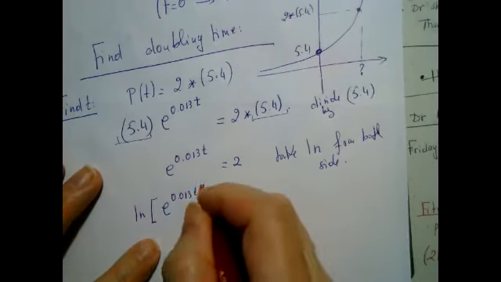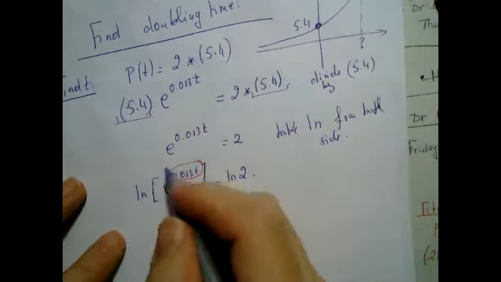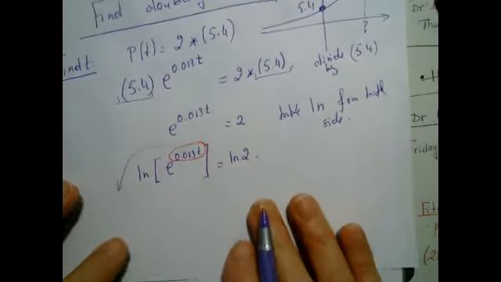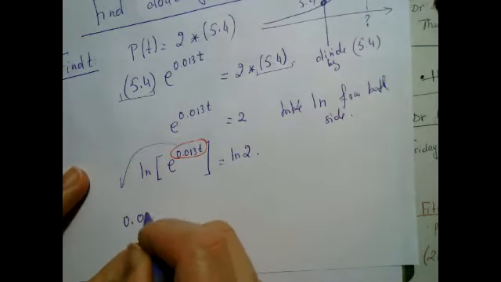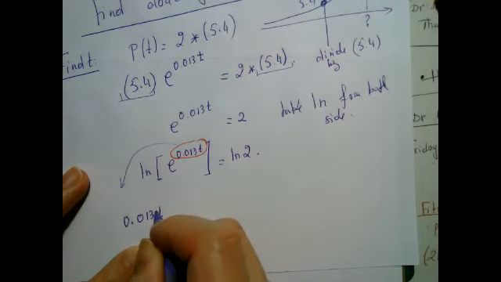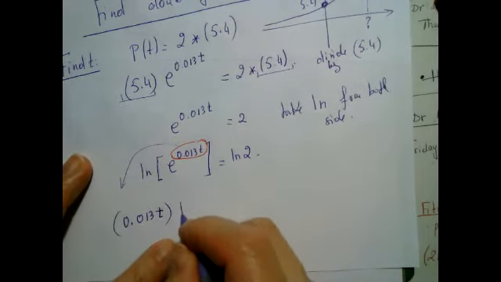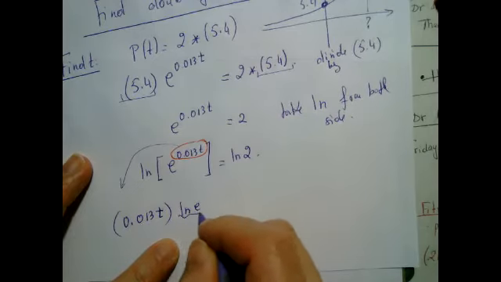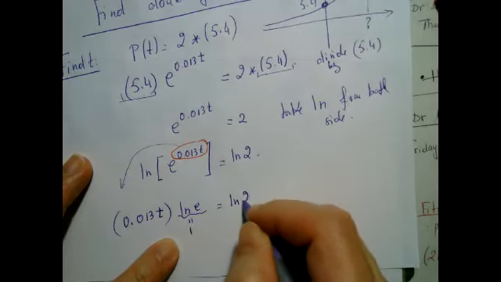Now, this is the power, and my power is 0.013t. So this is the power that should go down. So now I'm going to have 0.013t, that's the power that went down, times the ln of e, which is 1, equal the ln of 2.